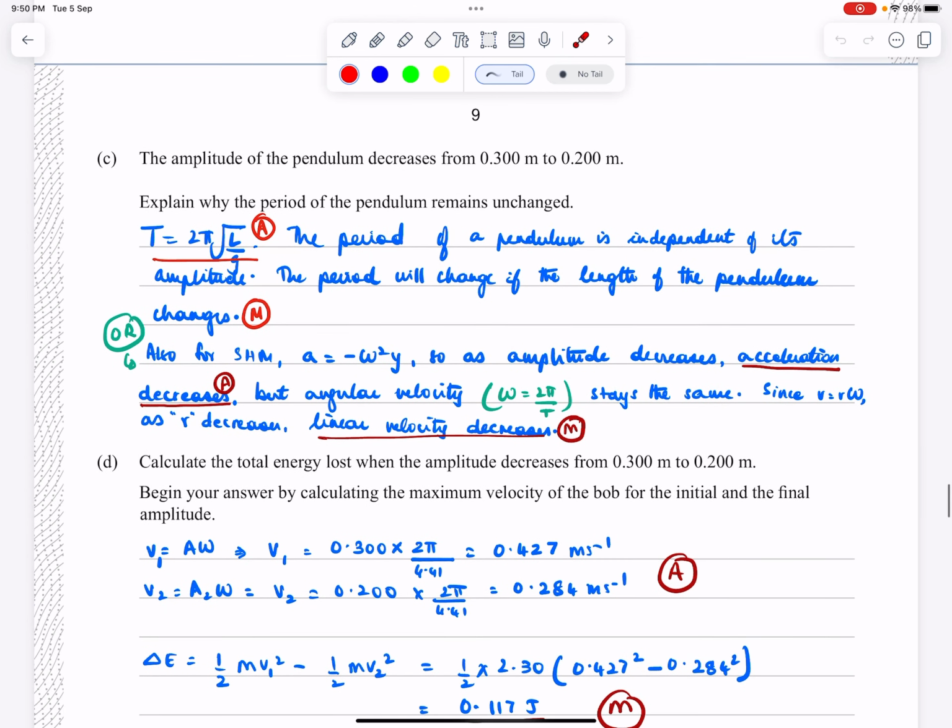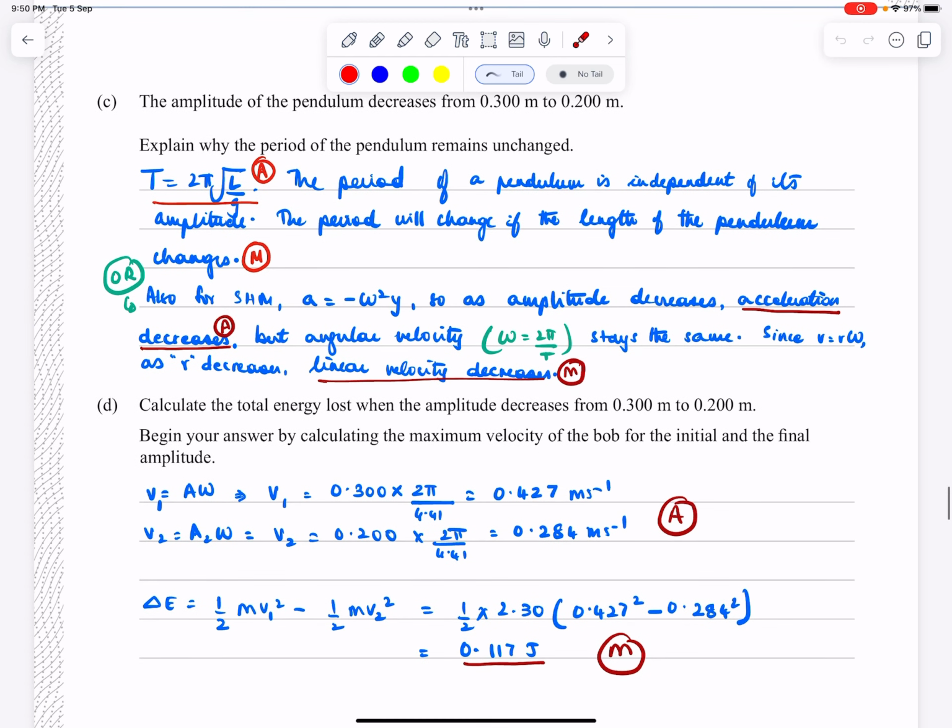Then, calculate the total energy lost when the amplitude decreases. Because amplitude is an indication of energy. So in order to calculate the energy, we need to first calculate the maximum velocity. It's kinetic energy, right? So the maximum velocity at any point is A omega. So you get the maximum velocity when the amplitude is 0.300 meters, and then the maximum velocity when the amplitude is so much.